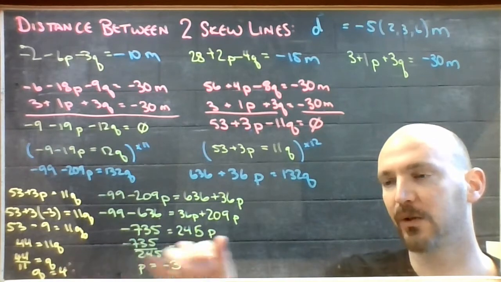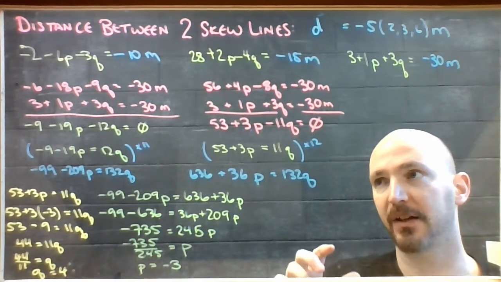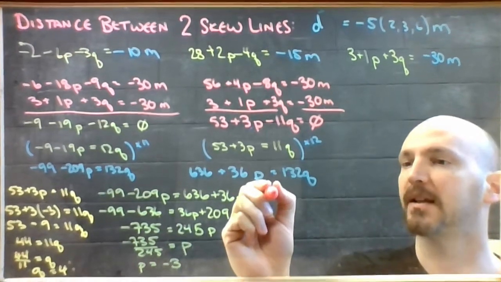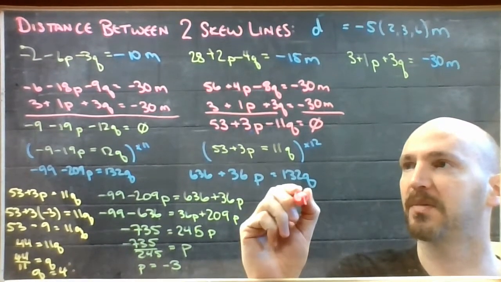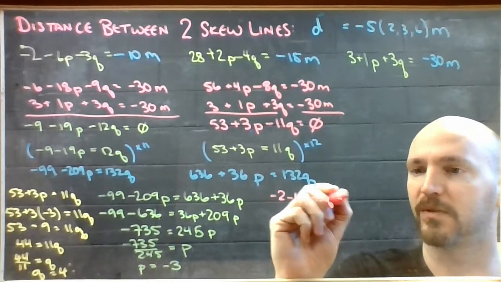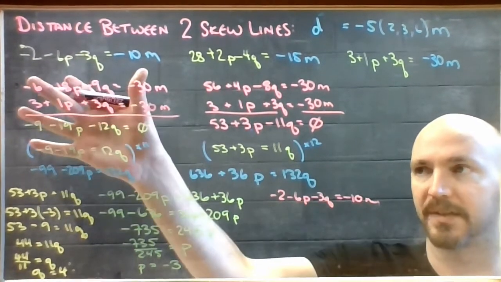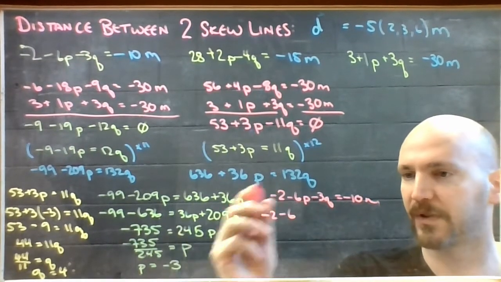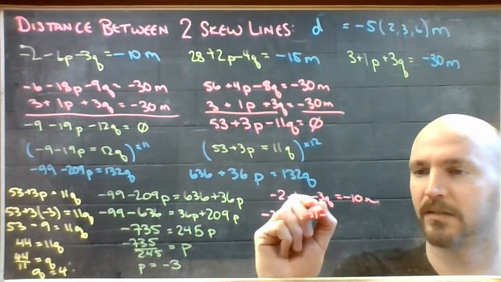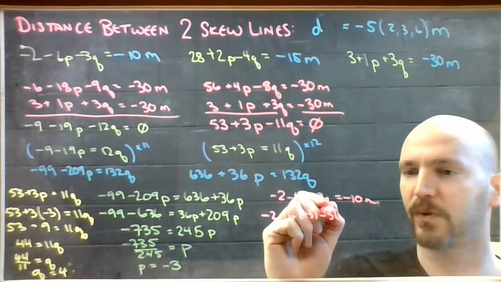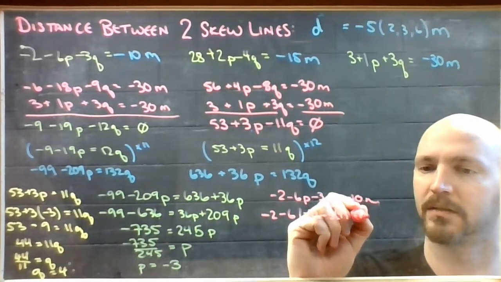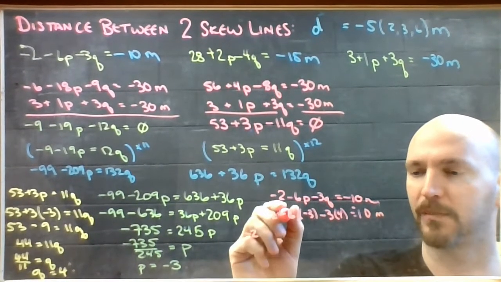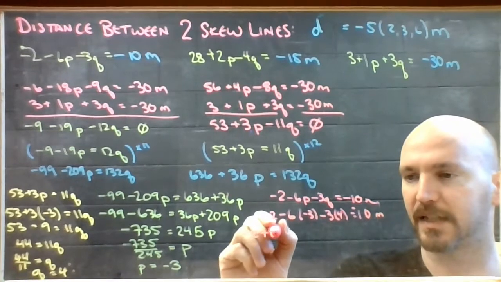Now that I have a q and a p, I just need to get an m value. This looks like a nice tidy place to get it from. So minus 2 minus 6p minus 3q equals negative 10m. I just grabbed this equation up here. I know that p is worth negative 3 and q is worth 4. So negative 2 minus 6 times negative 3 is plus 18.